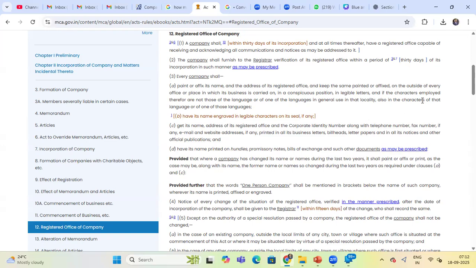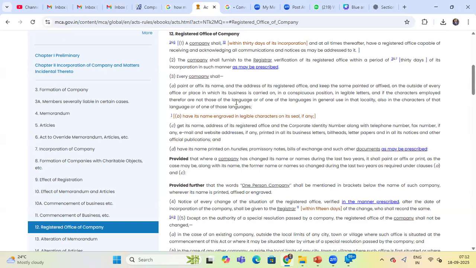And if the characters employed are not those of the language, or one of the languages, in general use in that locality, also in the characters of that language or one of those languages. It means English and local language, both.